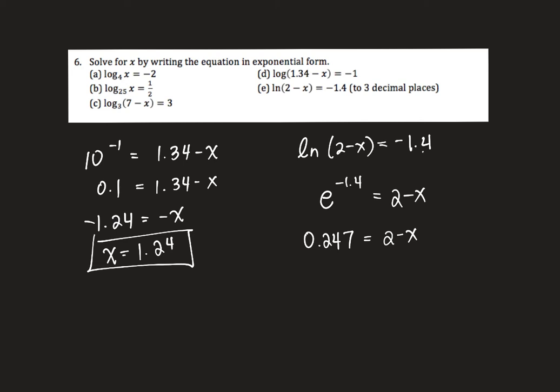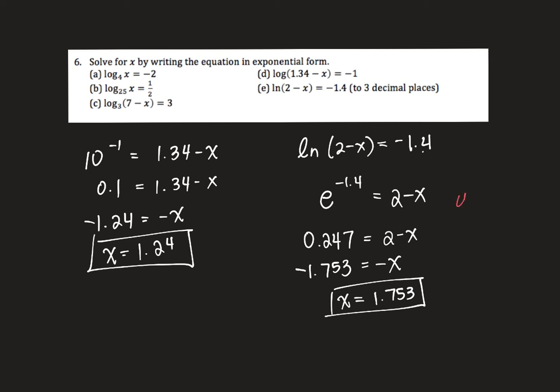Negative 1.753 is equal to negative x, which gives us x is equal to 1.753. This is one that we should check in a calculator, so I'm actually going to check it.